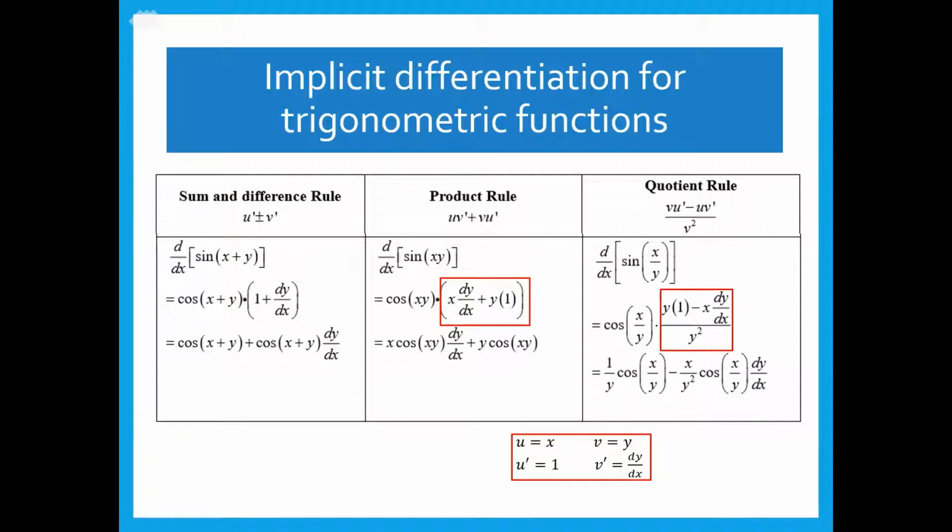The answer is x cos xy dy over dx plus y cos xy. Differentiate sine x over y using quotient rule. The answer is 1 over y cos x over y minus x over y squared cos x over y dy over dx.